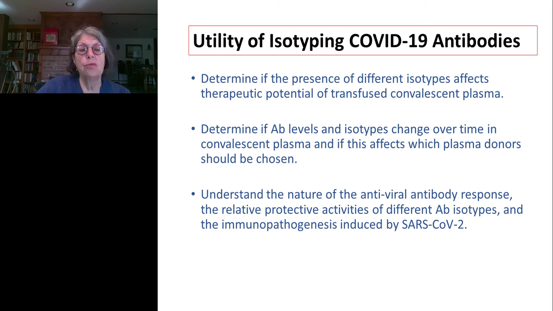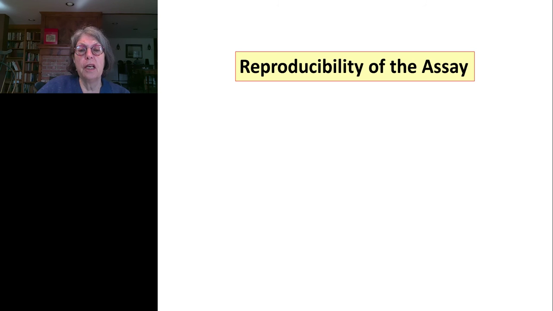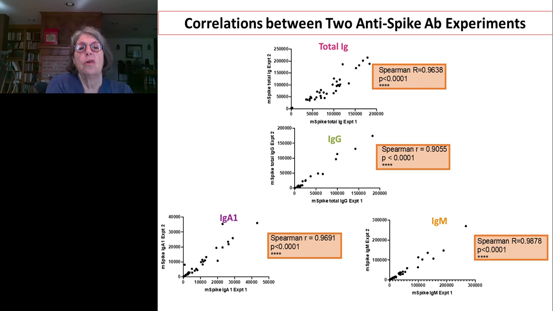Finally, I want to talk about the reproducibility of the assay. I'm showing you in this slide the correlations between two anti-spike antibody experiments. And you can see the very good correlations. The R values are above 0.9. The P values are less than 0.0001 for each of the isotypes that we were looking at.